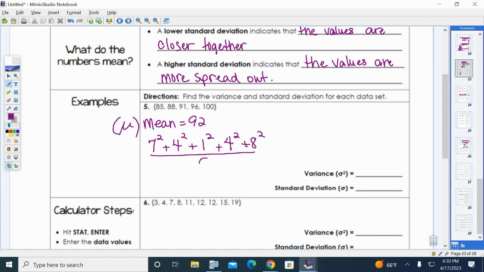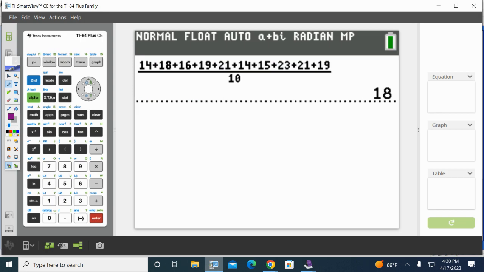And again, we're going to do the same thing and divide by the 5. So if I put that in my calculator, 7 squared is 49, plus 4 squared is 16, plus 1 squared is 1, plus 4 squared is 16, plus 8 squared is 64. And again, we're dividing by 5.